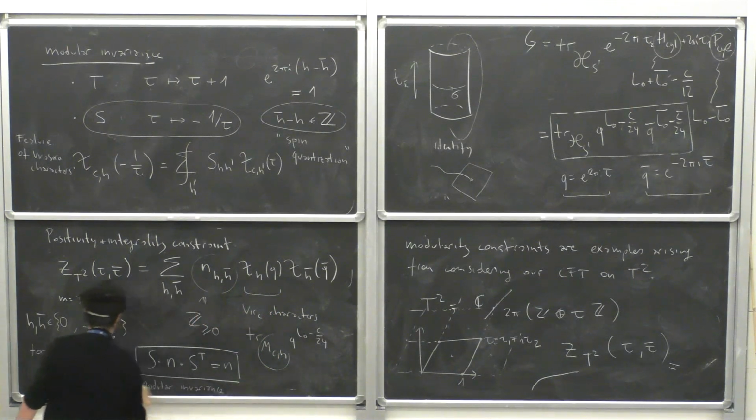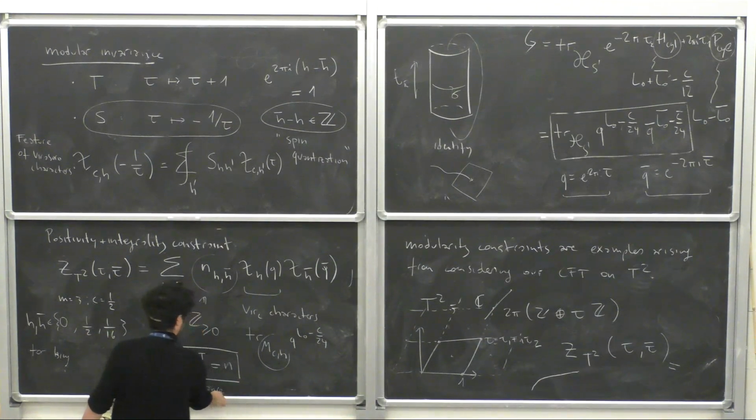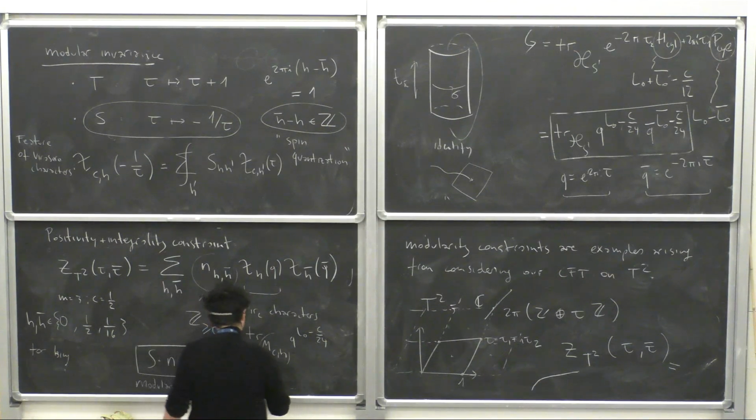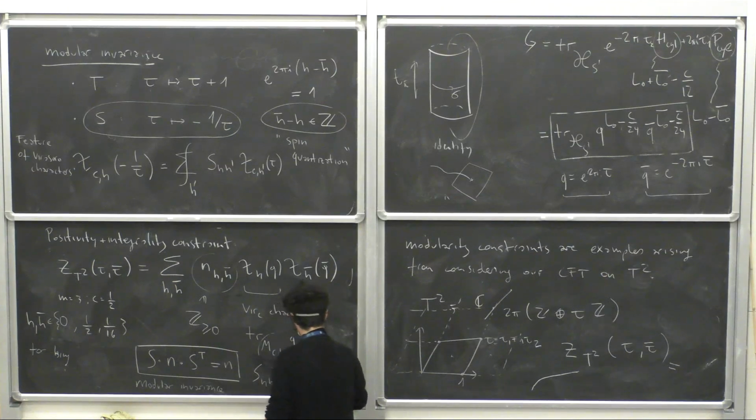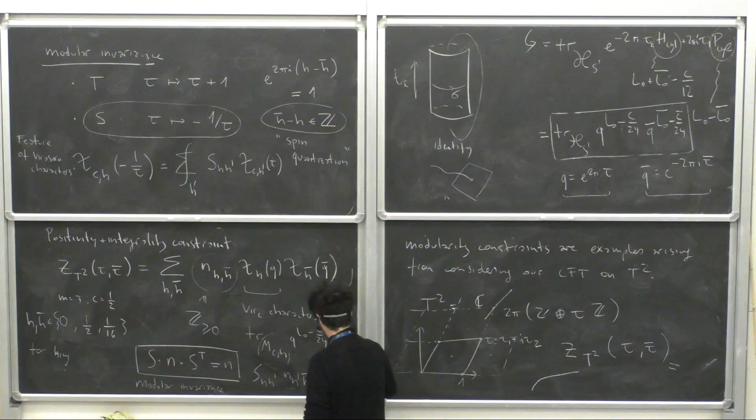If I write it with the indexes, it's like S, h, h prime, n, h prime, h bar prime, and then we have an S, h prime bar, h bar. And this one has to be equal to n, h, h bar.